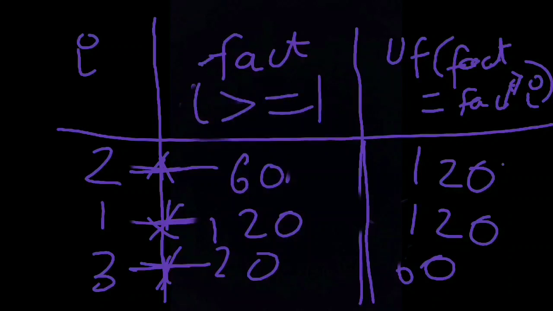Now see, the loop stops, because the I value has become equal to 1. The condition was I greater than or equal to 1, I has become equal to 1, and the loop will stop.